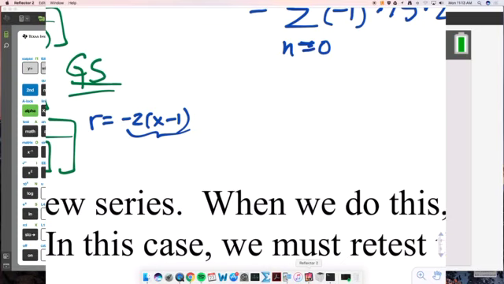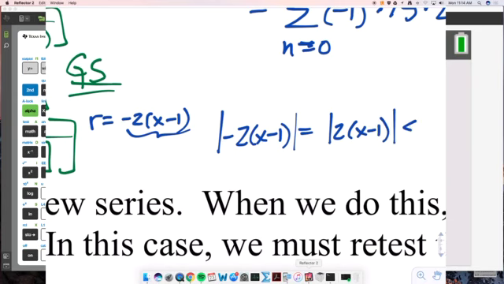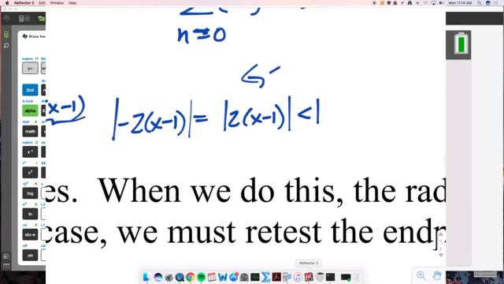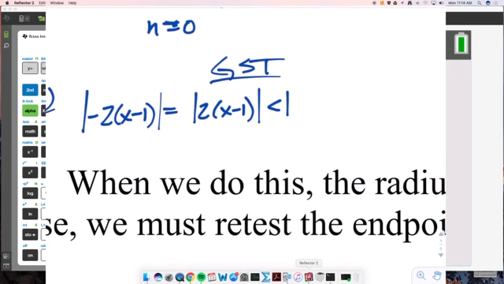This is our r, okay? So it's the absolute value of negative 2 times x minus 1, which I know equals just 2 times x minus 1, which has to be less than 1 by the geometric series test, not the ratio test. And so if I divide through by 2, I get x minus the center is less than a half.